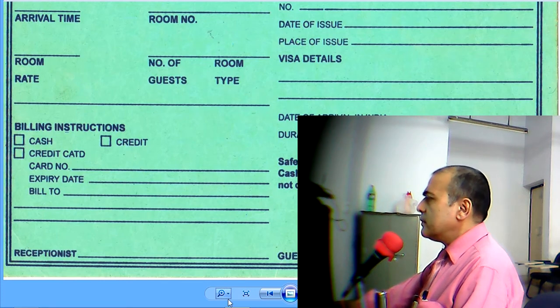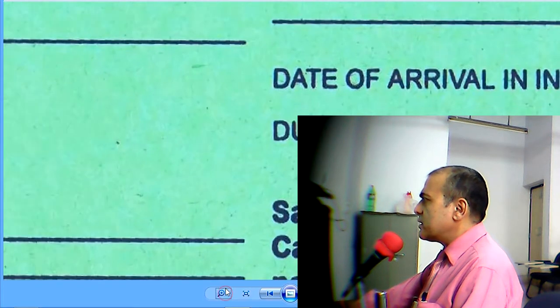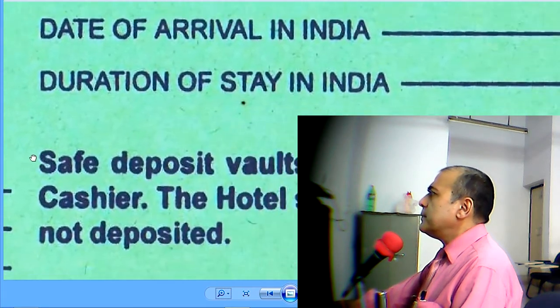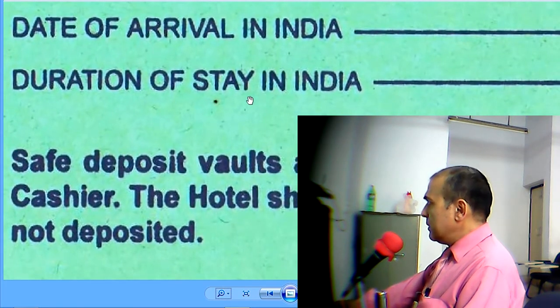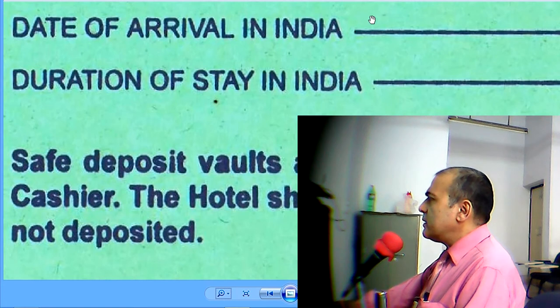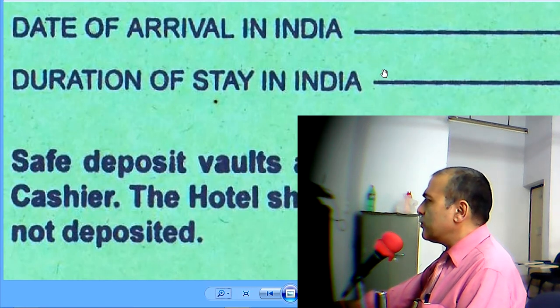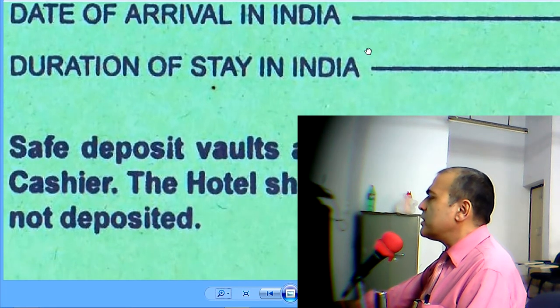Then I'll just zoom it a bit more so that you can see it more clearly. This is when he landed and for how many days he has already stayed in India so far. This would also be his entire length of stay permitted through visa.